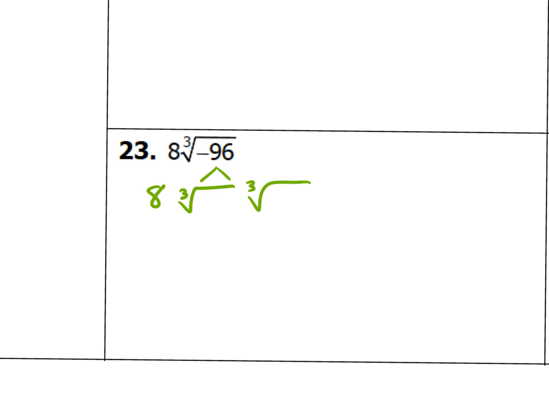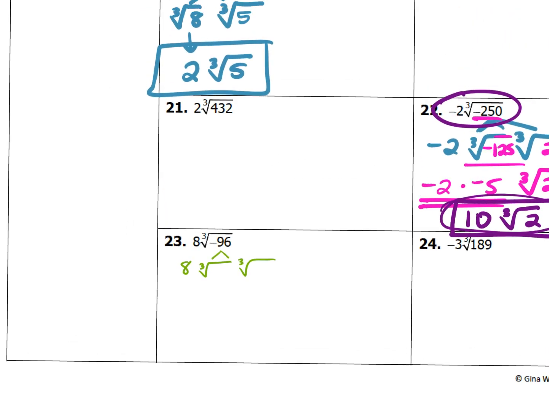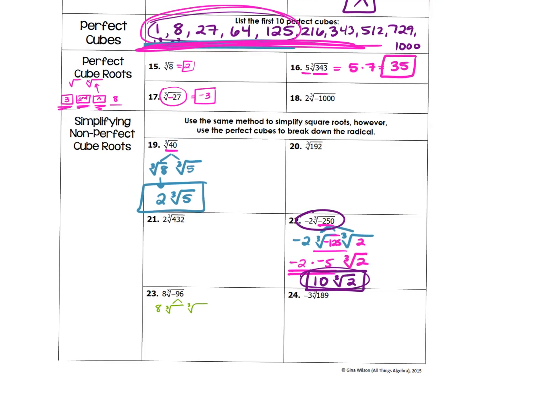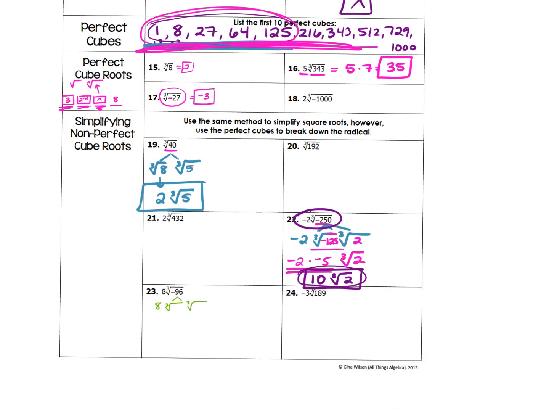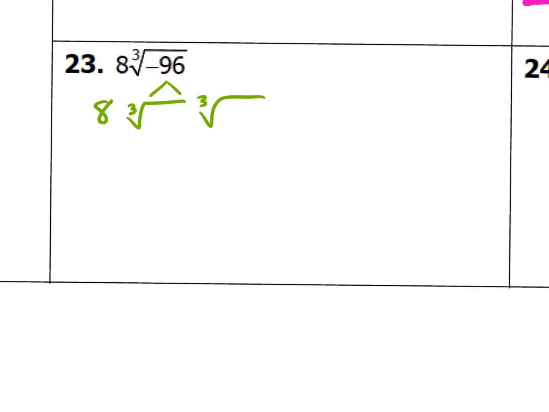All right, did you find a perfect cube that 96 is divisible by? 8. So where are we going to put the negative? With the 8 or with the 12?